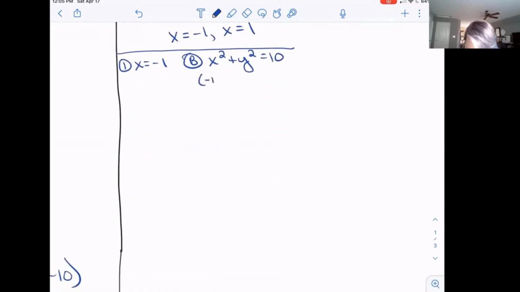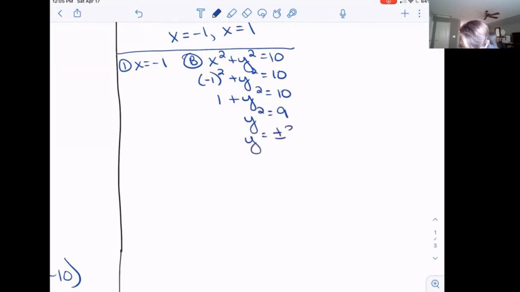So if we plug in a -1 for the x, 1 plus y squared equals 10. So y squared equals 9, which again, when we take the square root, we have to consider both the positive and negative square root of 9, which would be plus or minus 3. So this gives us two possible points. We have (-1, 3) and (-1, -3).